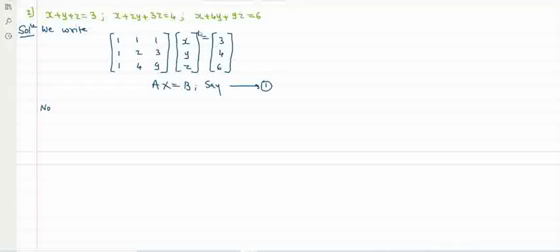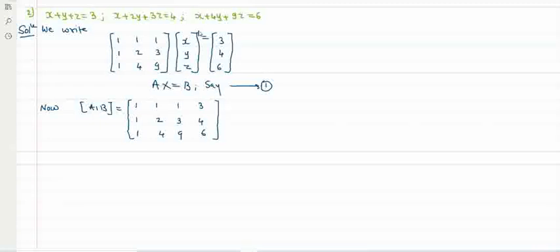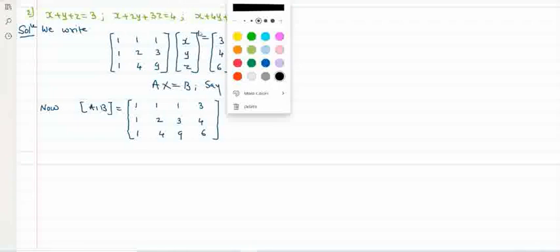Now, the augmented matrix AB is obtained by attaching one more column to that matrix. So the coefficient matrix is 1, 1, 1, 1, 2, 3, 1, 4, 9, and one more column you have to attach, that is 3, 4, and 6. Now again, fix the diagonal entry.